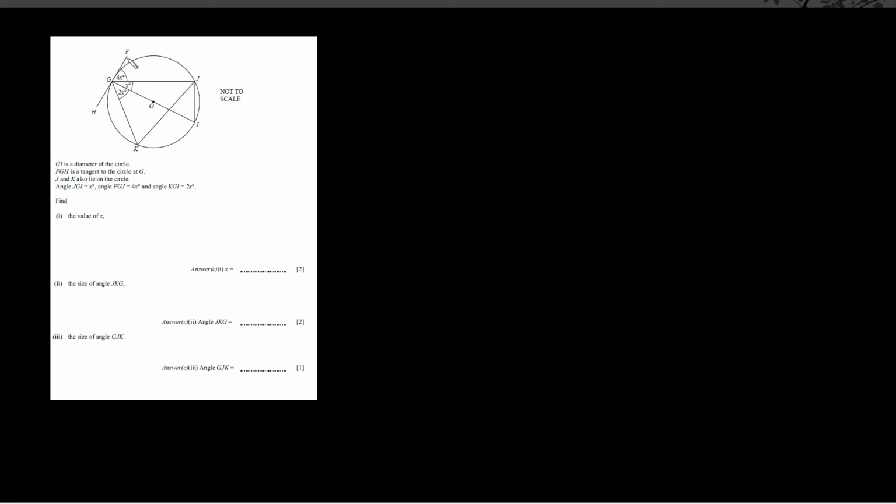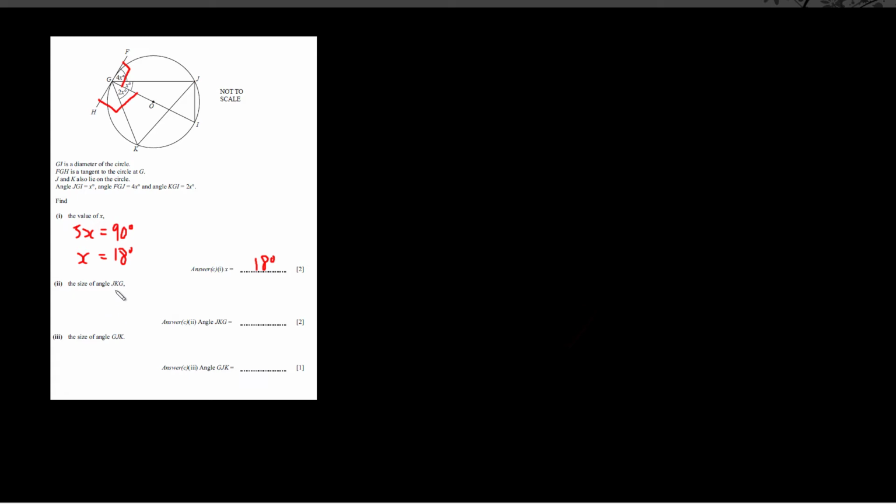Now if this is a tangent, then we know that these two sides are supposed to be right angles. This right angle contains 5x. 4x plus x is 5x, so it's supposed to equal 90 degrees. So x will equal 18 degrees. Alright, x is equal to 18.